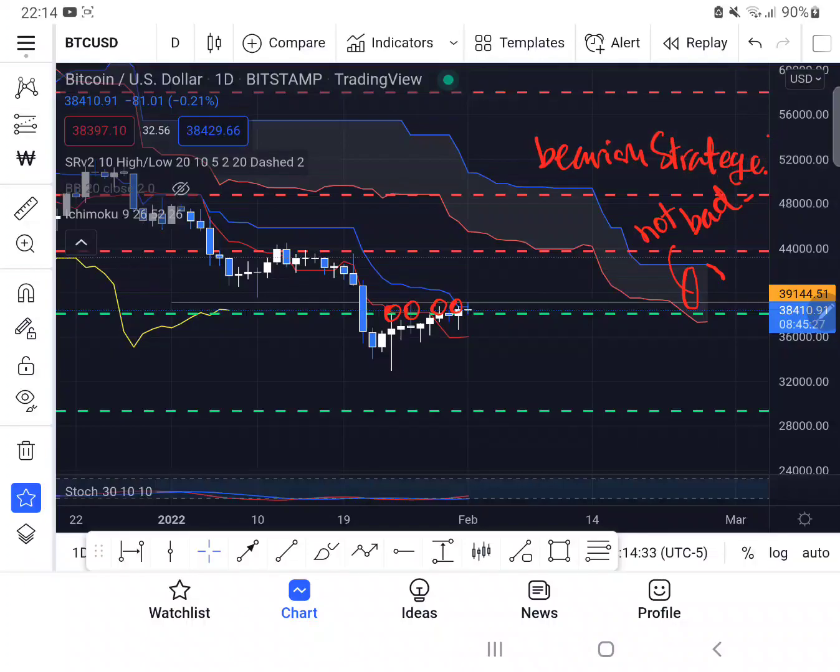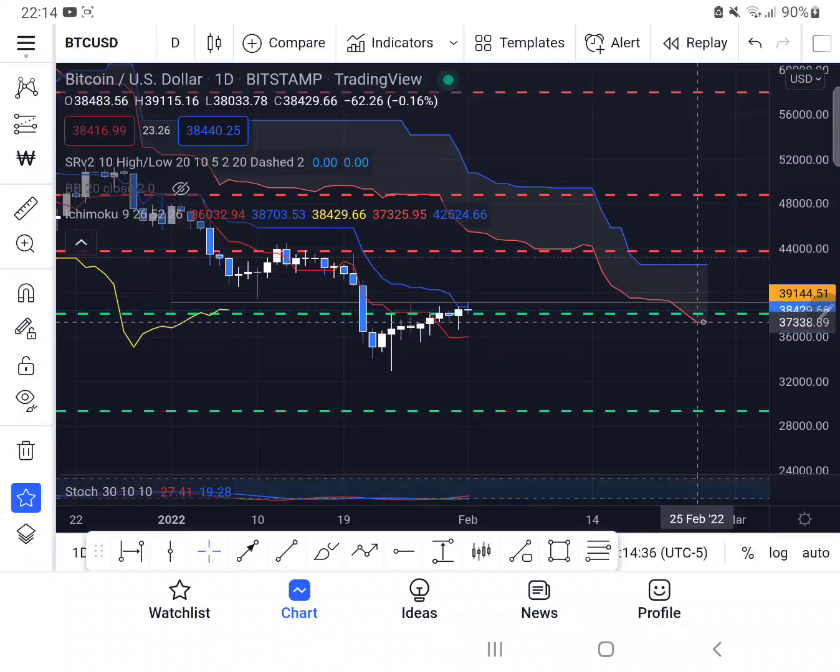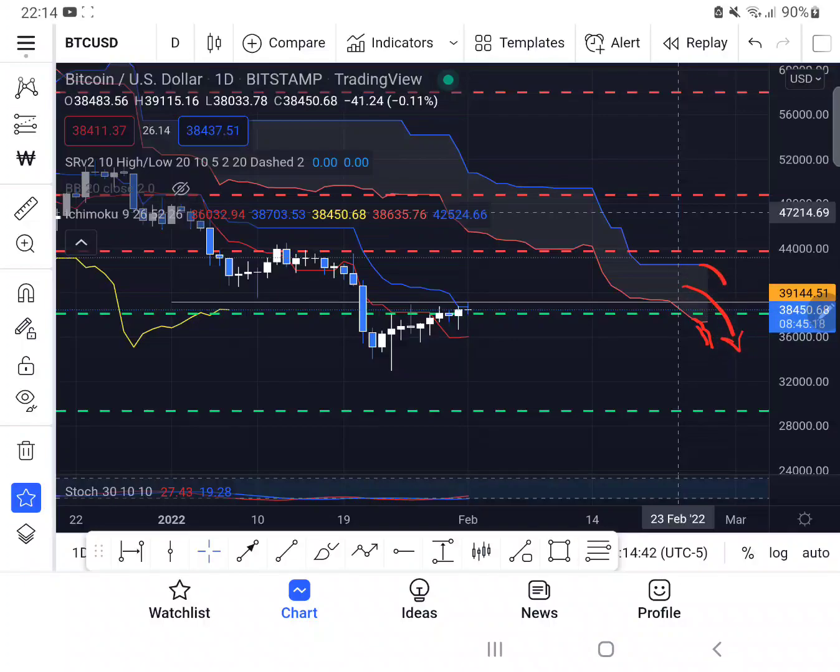All right, if it goes down, it's good to look for an entry. If this happens, the price can be blocked by this resistance, and then the price will break the Tenkan-sen, this one, and the Tenkan-sen and the Kijun-sen will point down.